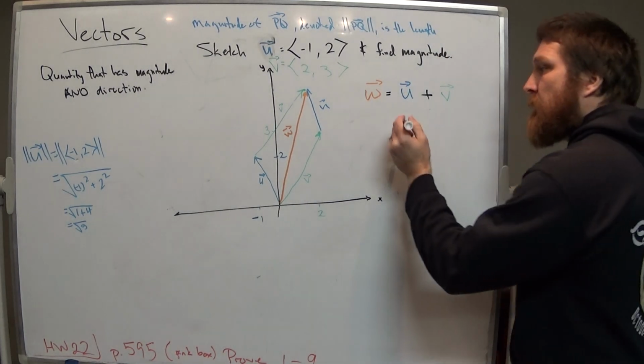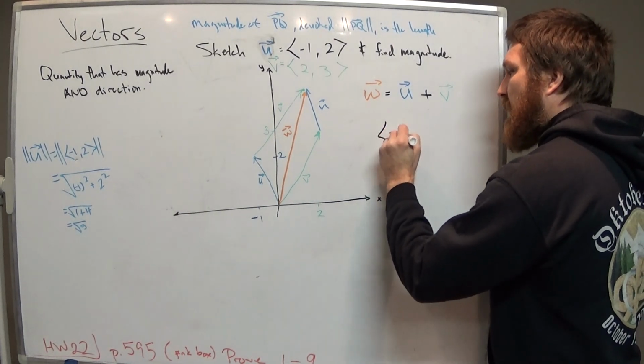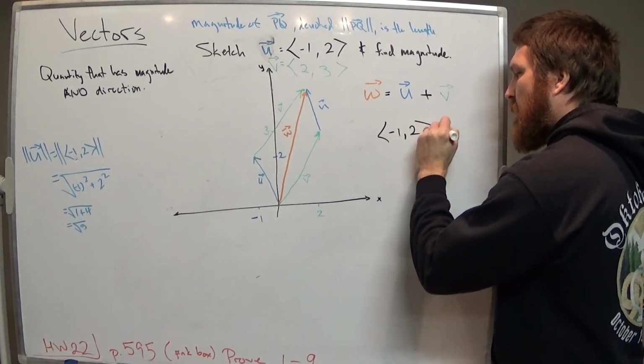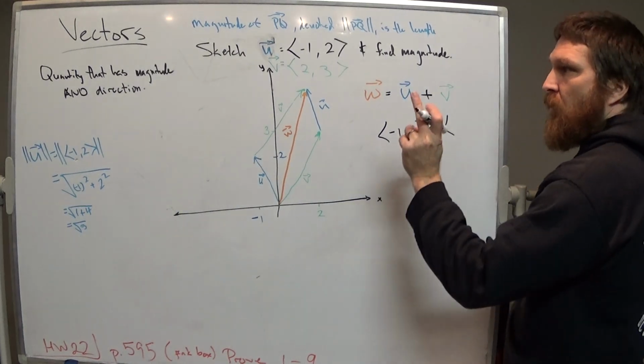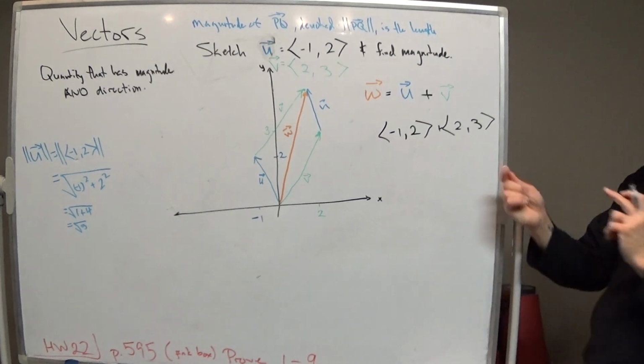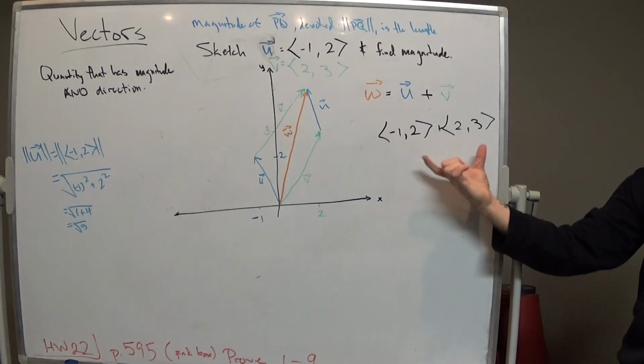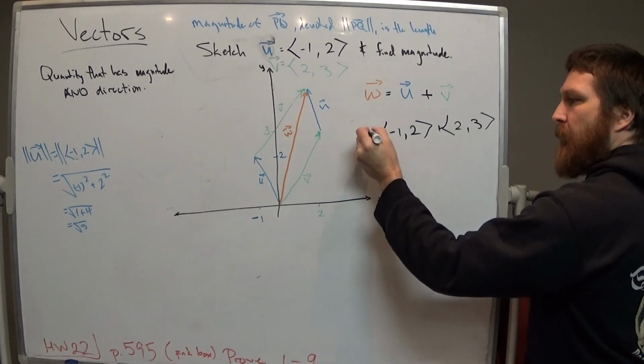The rules for adding vectors. So u is -1, 2, plus 2, 3. The rule is that you just add components. The first component adds to the first component. The second component adds to the second component.